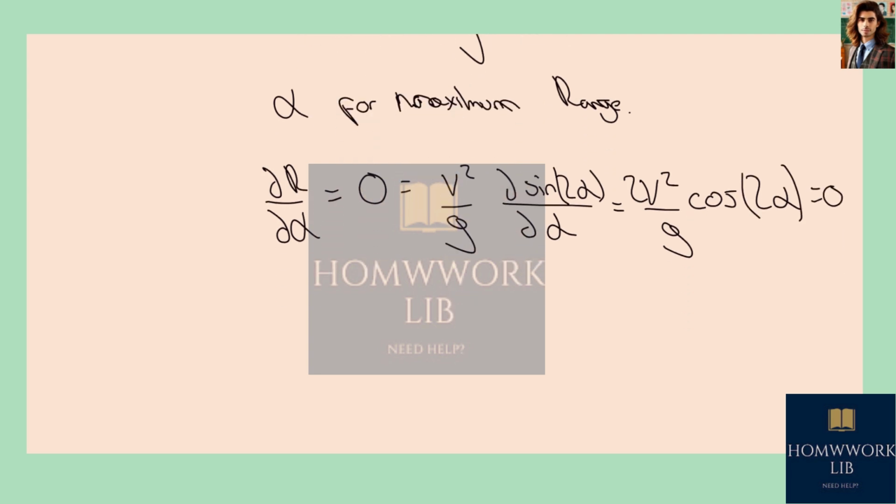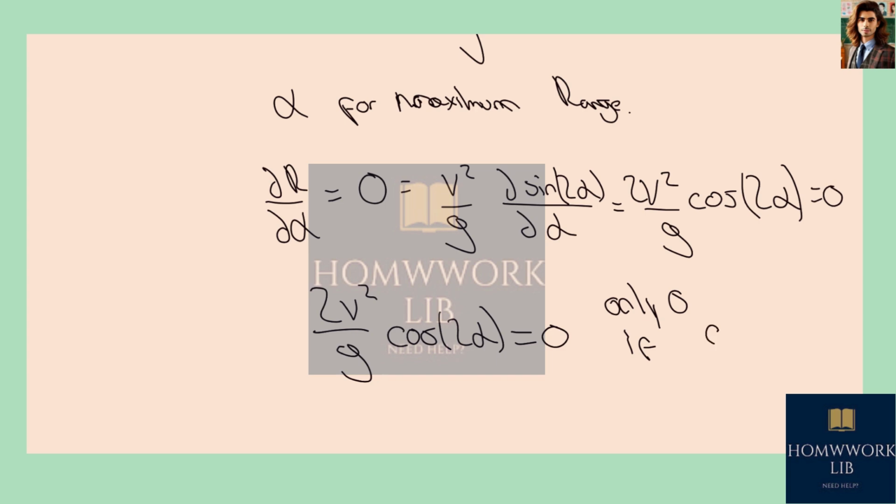So now, this part can only be 0 if cosine of 2 alpha is equal to 0.